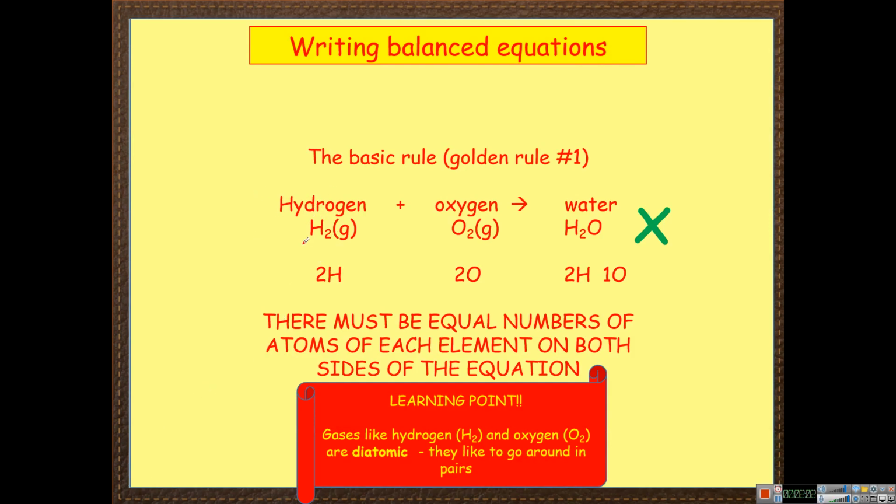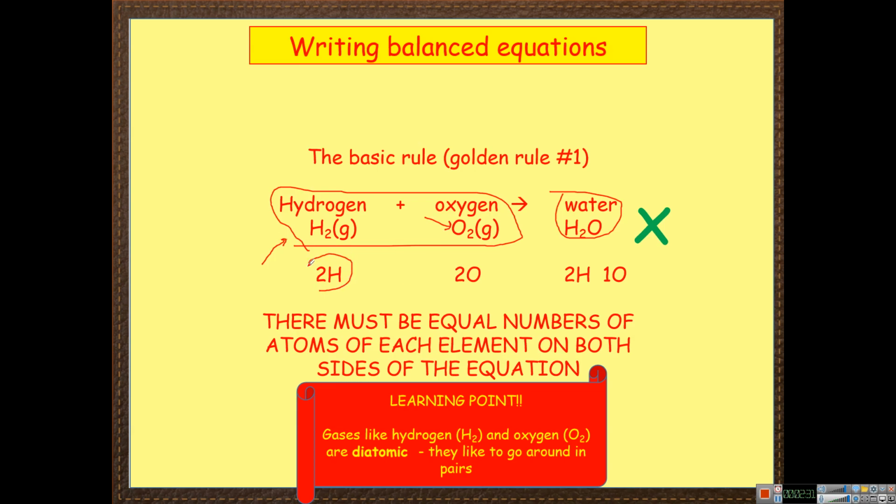along with our simulation, right? So when we have the problem of balancing an equation, we want to understand that the number of atoms before the reaction should be equal to the number of atoms after the reaction. In this case, we have this diatomic molecule of hydrogen at this point, and an oxygen molecule at this point, which is also diatomic.